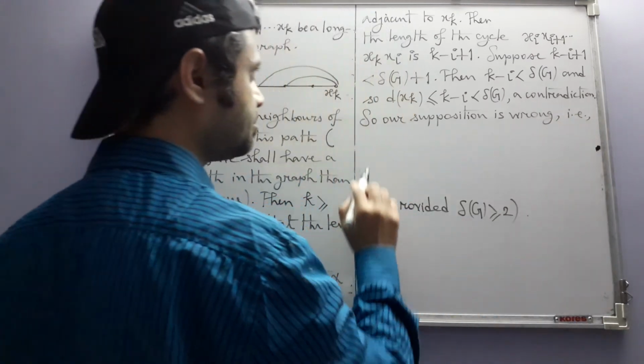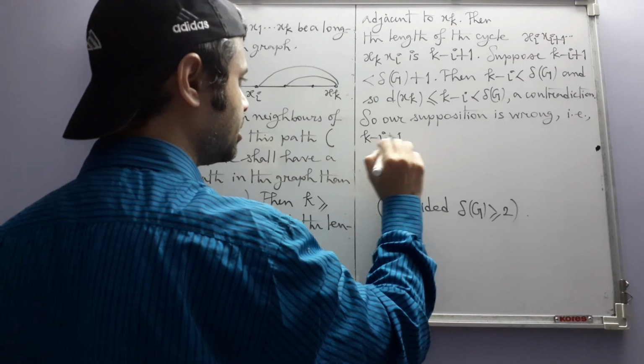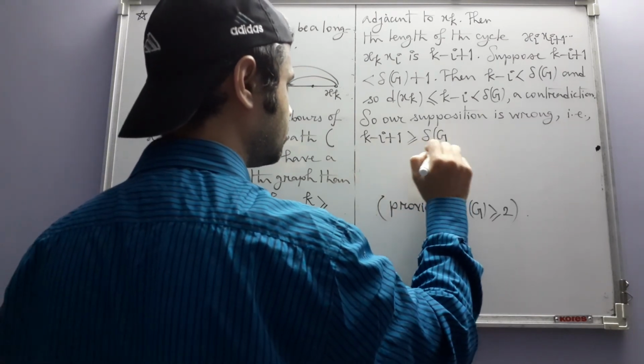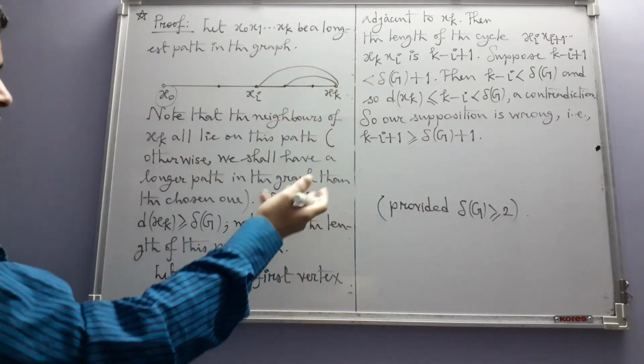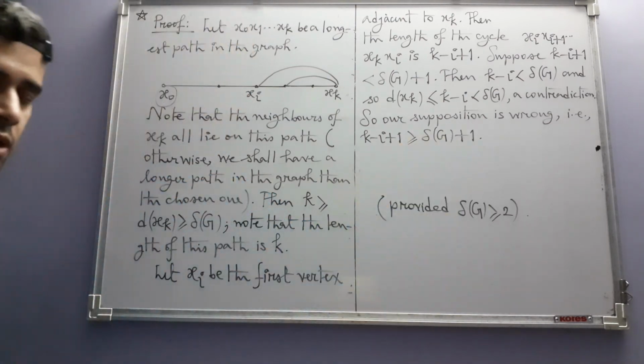That is, k minus i plus 1 should be greater than or equal to delta g plus 1. So we have found a cycle of length at least delta g plus 1.